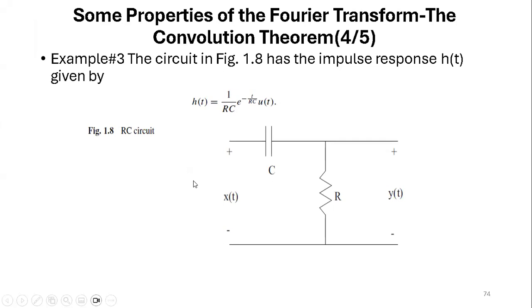Now, this is the example. In the figure, the impulse response h(t) is given by h(t) = (1/RC) e^(-t/RC). This example you are familiar with from the ECA subject.